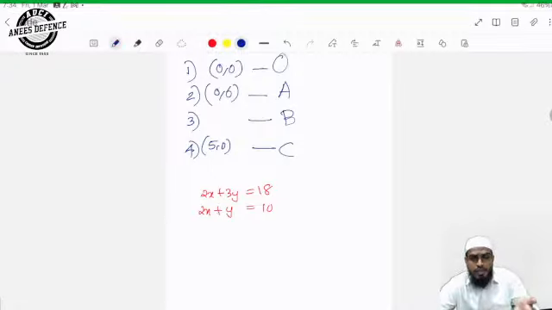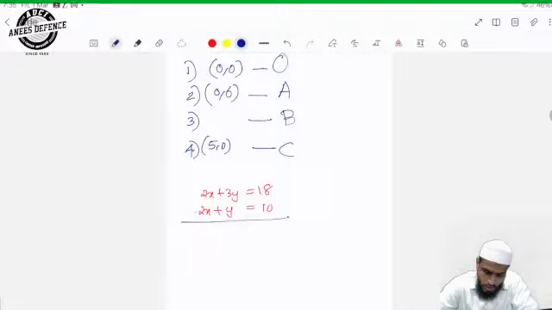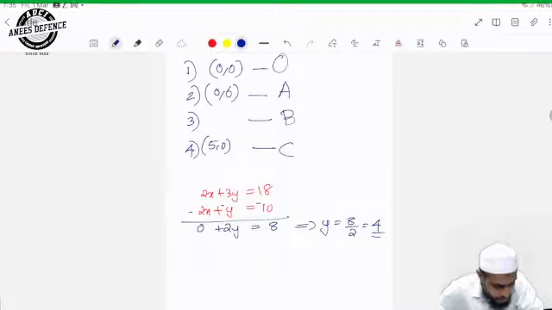Here already the coefficient of x is the same, so simply you can do the minus operation here. 2x minus 2x is 0. 3y minus y means 2y. 18 minus 10 equals 8. So you'll be getting y equal to 8 by 2, that is 4.